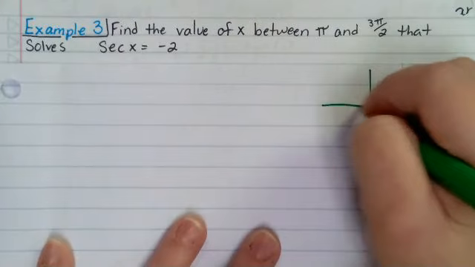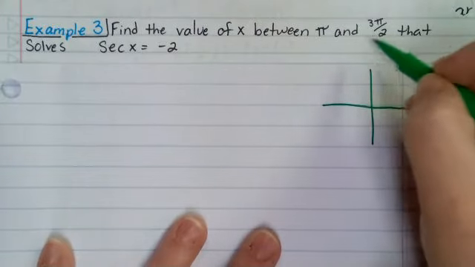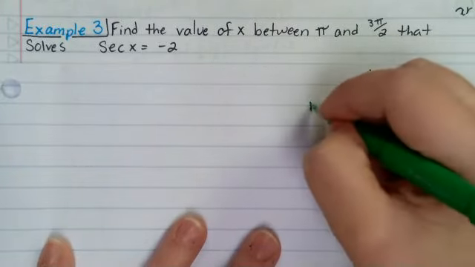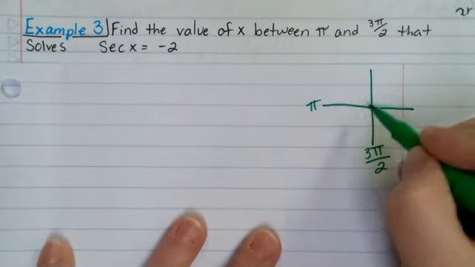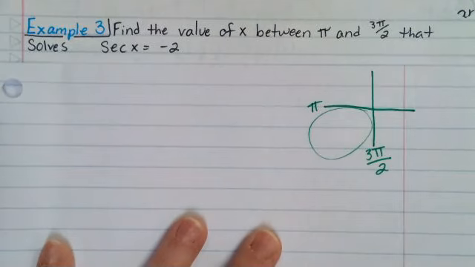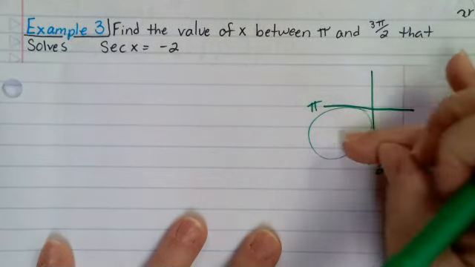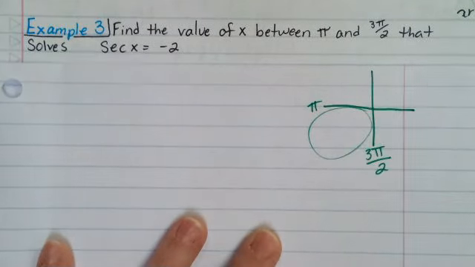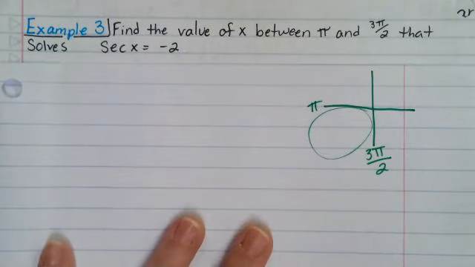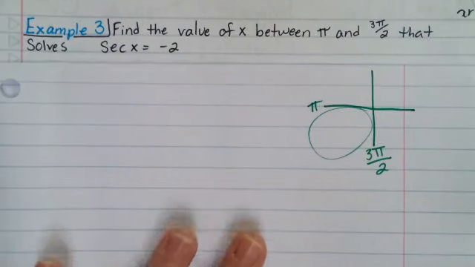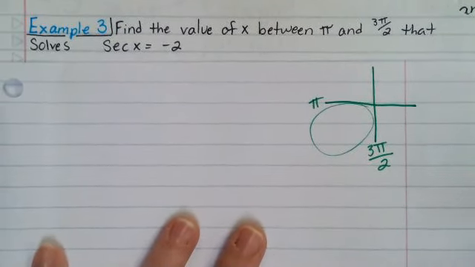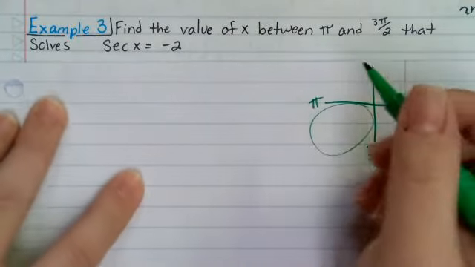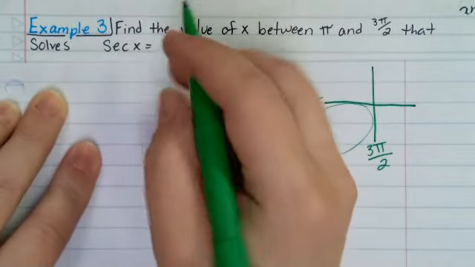So what I want you to visualize is if they say it's between pi and 3 pi over 2, here's pi, here's 3 pi over 2, meaning we want it to be in this quadrant, okay? They're limiting us to looking at something in this quadrant. Now, if you are the type where you've memorized your unit circle and you are set, then it's going to make it a little bit quicker, but this is not the only way to do it. So I just want to throw that out there.